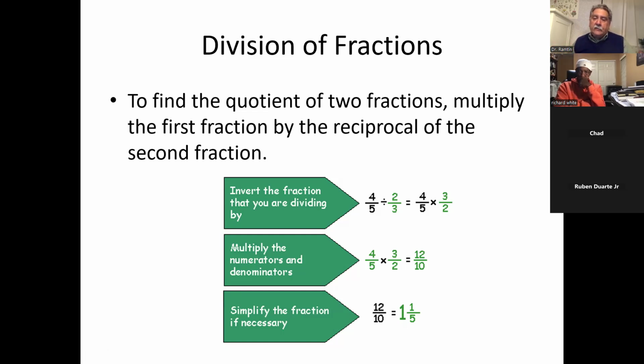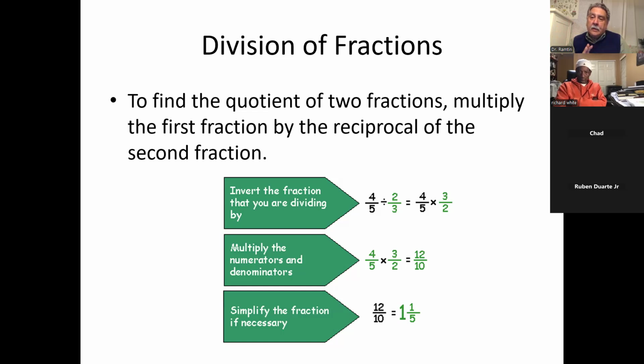If we divide both by 2, it becomes 6/5. The denominator remains the same. And 6 divided by 5: 5 goes into 6 one time with a remainder of 1. The remainder becomes the numerator, and the quotient is 1. So you get 1 1/5. Okay?